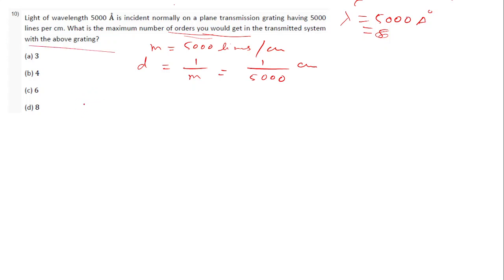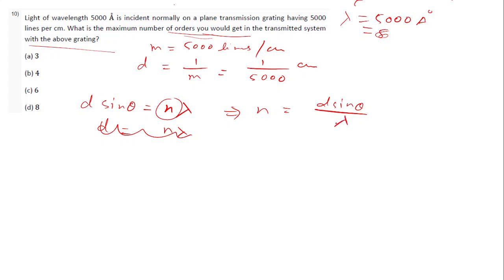Okay, so the condition for maxima, d sine theta is equal to n lambda. We need to find out the maximum order this grating will give us. So n will be d sine theta divided by lambda.